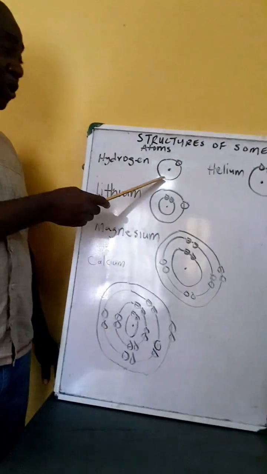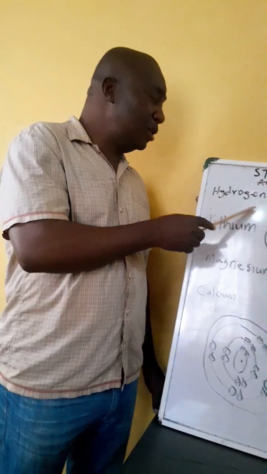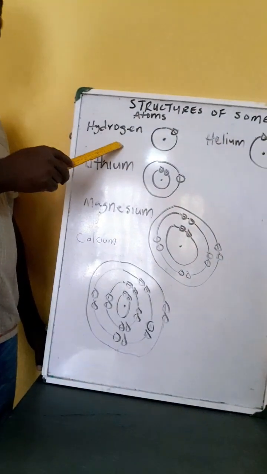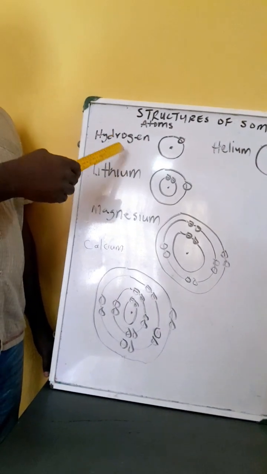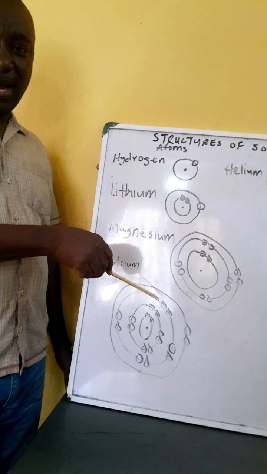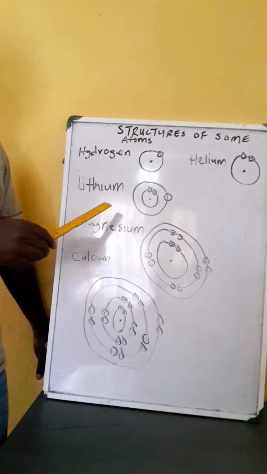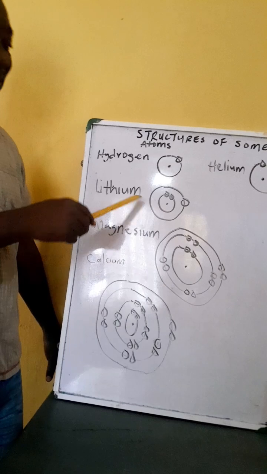So this is the structure of an atom. And I equally remember that we mentioned something like atomic number and mass number. During the course of my explanations here, I will try as much as possible to explain what atomic numbers and mass numbers are.